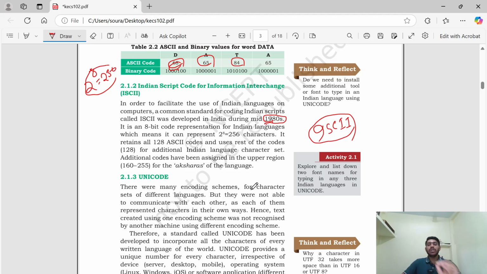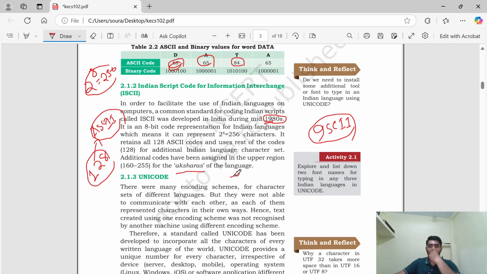So it also includes the 128 codes that we used in ASCII. After this, they have an additional Indian languages character set. Additional codes have been assigned in the upper region, 160 to 255, for the Indian languages.